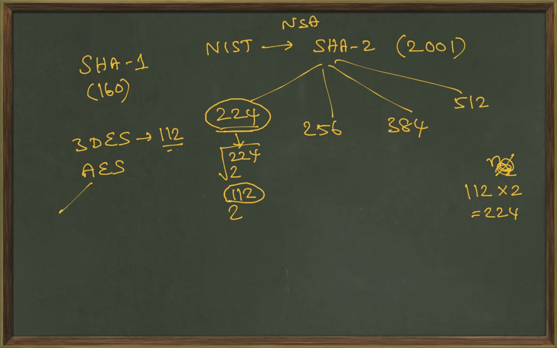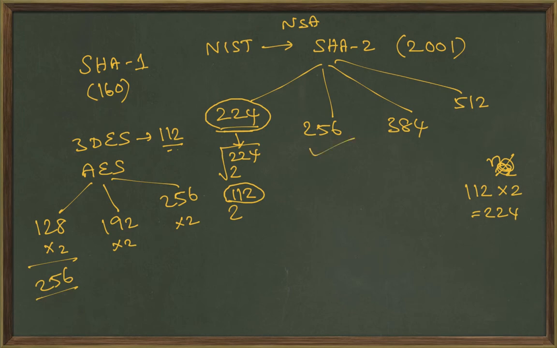Similarly, I told you AES can operate with 3 different keys, right? Do you remember? 128, 192, 256. That means if you want to provide AES-level security to the hash function, you have to multiply it by 2. So 128 times 2, you get 256. That's how you got this 256. For this one, 192 times 2 gives 384, right?